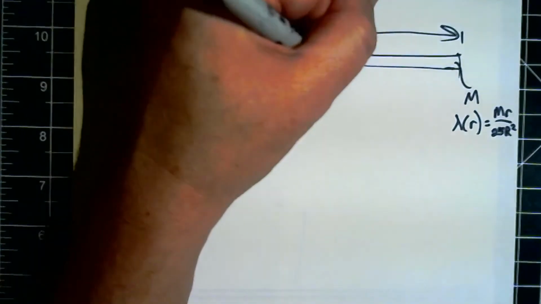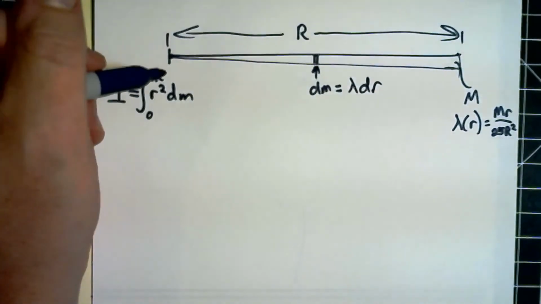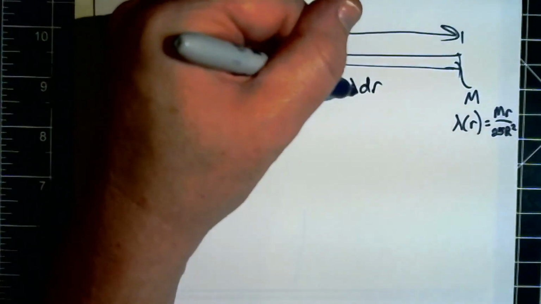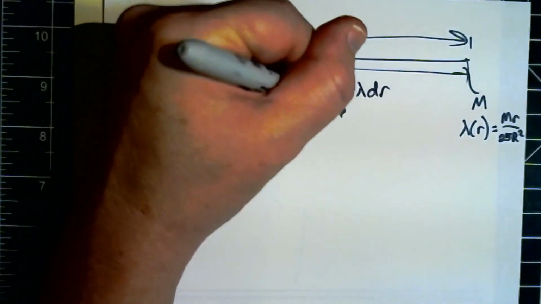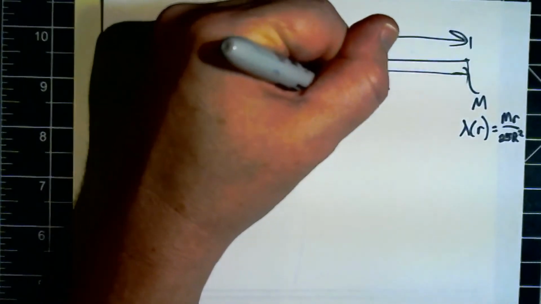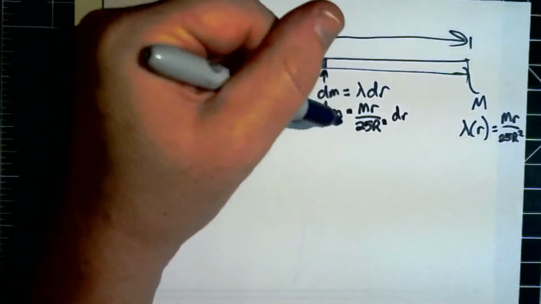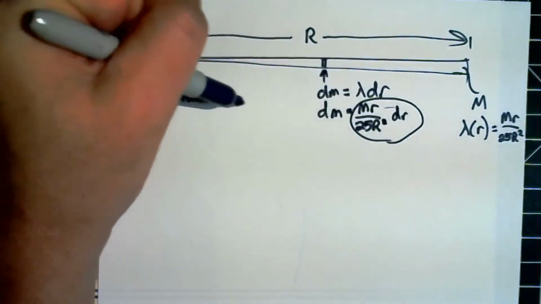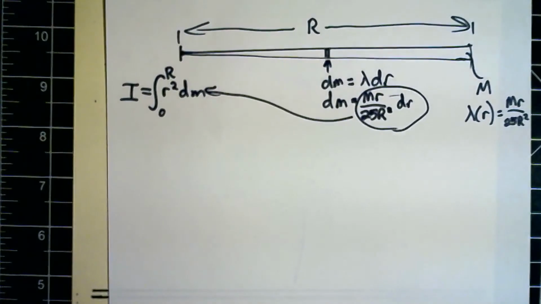So what is dm? Well, if you remember from previously, it's lambda dr. Okay, we did that in class. So the lambda in this case is not just a constant, it's actually a function. So dm is equal to m r over 25 capital R squared dr. So that term for dm is what I'm going to substitute in right here for my integral.